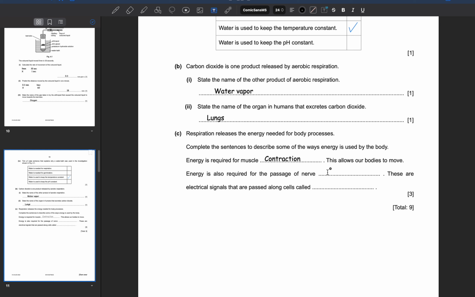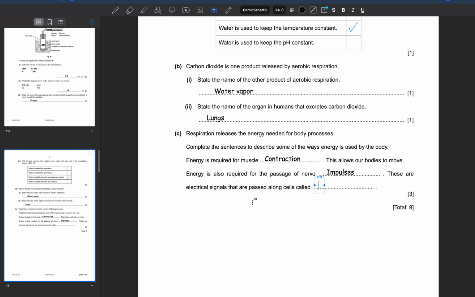The next one, energy is also required for the passage of nerve impulses. I won't write nerve messages or nerve signals, they are called nerve impulses. The last one, these are electrical signals that are passed along the cells called, which type of cells is responsible for passing on the nerve impulses?